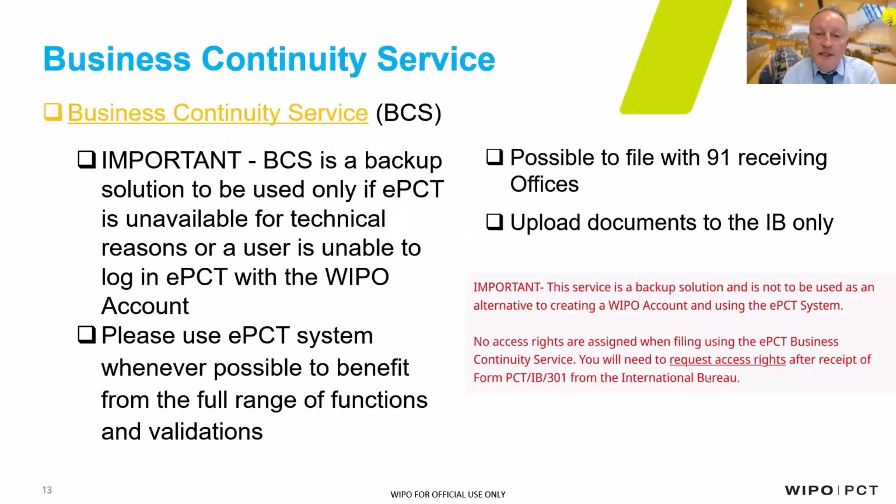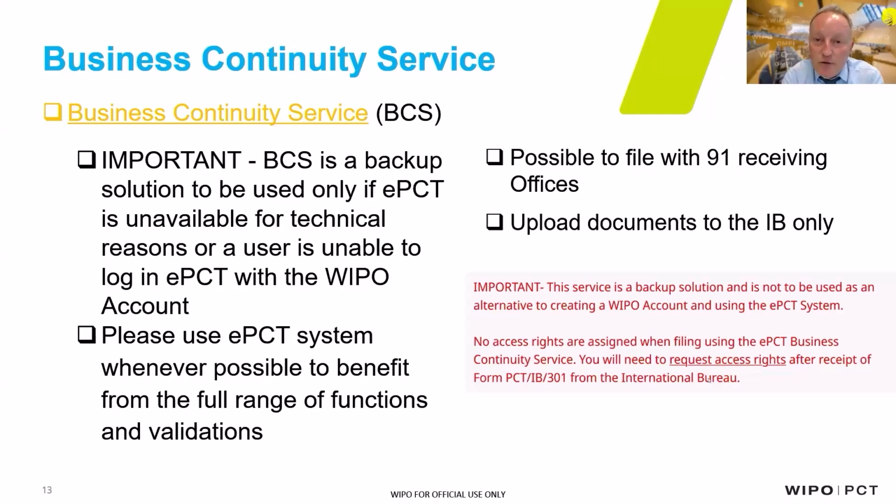In case ePCT is not available and you have a deadline to file your international application, it's possible to use the Business Continuity Service, so meaning the BCS, which is a backup copy solution in case ePCT is unavailable. It's also possible to file with 91 receiving offices. And then you can only upload documents to the IB.